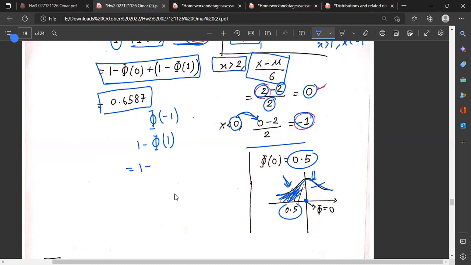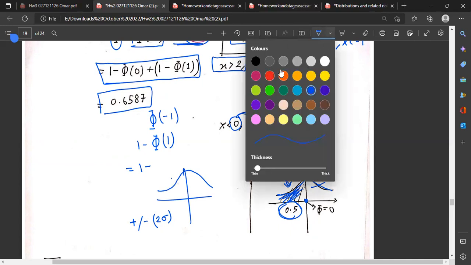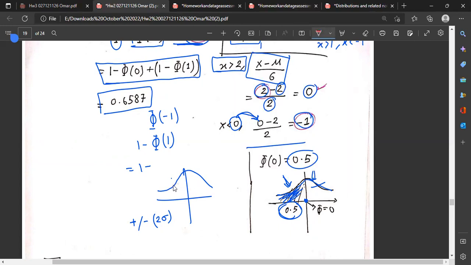I mean, if you know, like 95% of the events will occur within plus or minus 2 times sigma, okay, in this region. So if sigma is, let's say, 0.5, most of the events will occur between, let's say 0.5 is here and 0.5 is here, right?